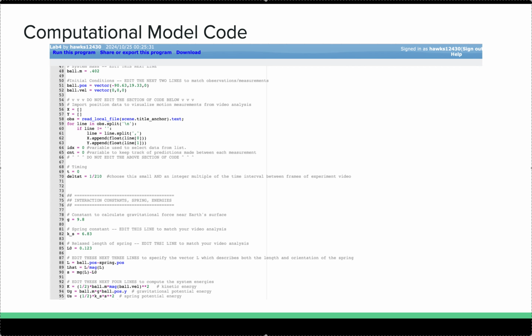Looking at the computational model code, you can see that much of this stuff was hard-coded in. So you have the ball mass at the top, which is 0.402, then the ball position and ball velocity, which were all hard-coded in. And then you have your constants like G, your spring constant, and your relaxed length of the spring, which were coded in. And then at the very bottom, you can see how our derived variables were decided.